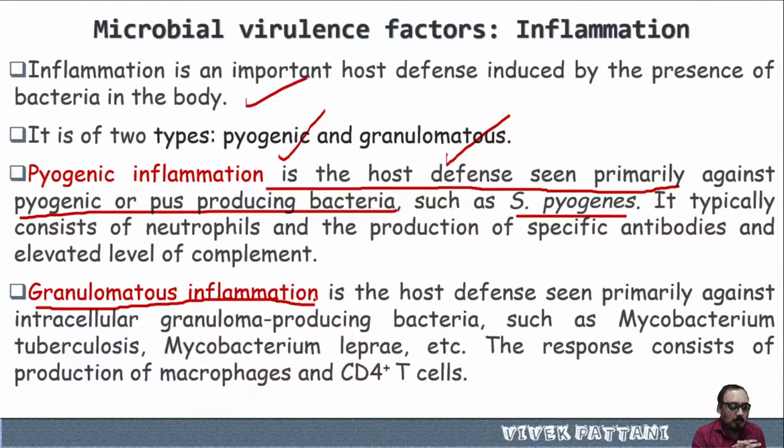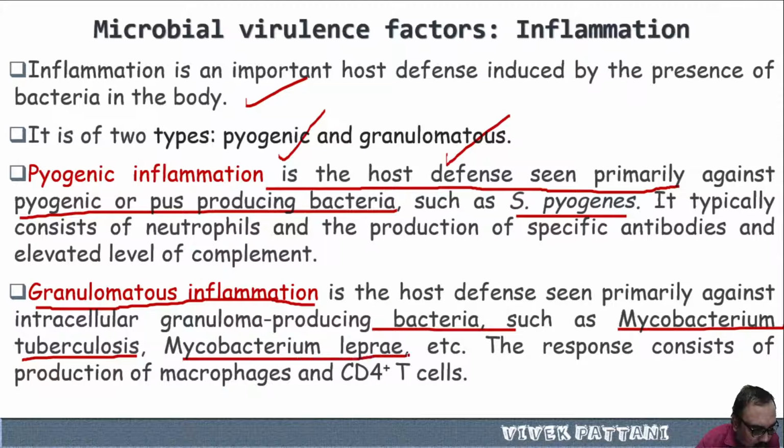Next comes granulomatous inflammation. Granulomatous inflammation is the host defense seen primarily against intracellular granuloma-producing bacteria such as Mycobacterium tuberculosis. It has the capability to produce granulomas inside the respiratory system.